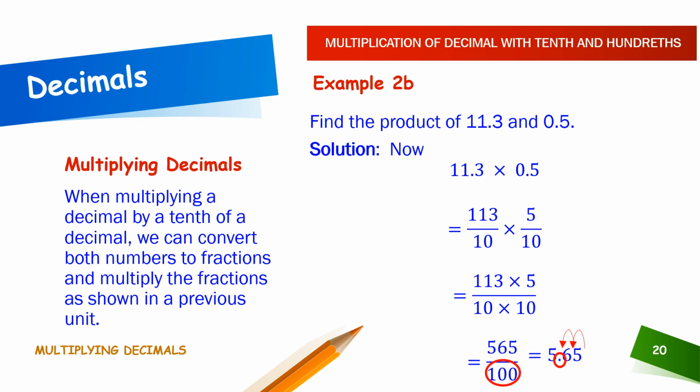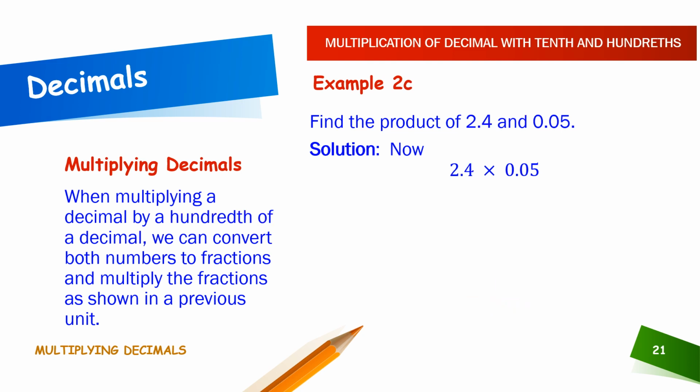Since we're dividing by 100, we move the decimal point 2 places to the left. When multiplying a decimal by 100th of a decimal, we can again convert to fractions and multiply in the usual way. Let's try the example shown on the screen.